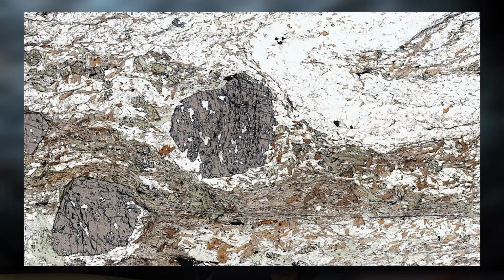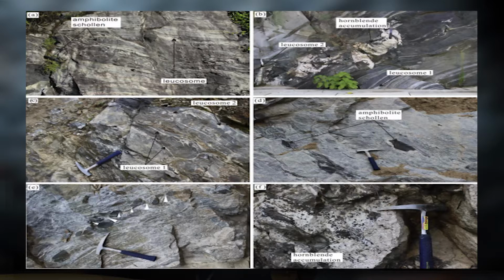The parent rocks, whether metapelites, schist, gneisses or amphibolite, are designated paleosomes or mesosomes.